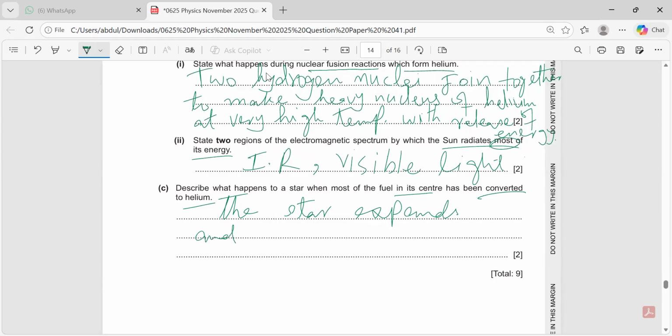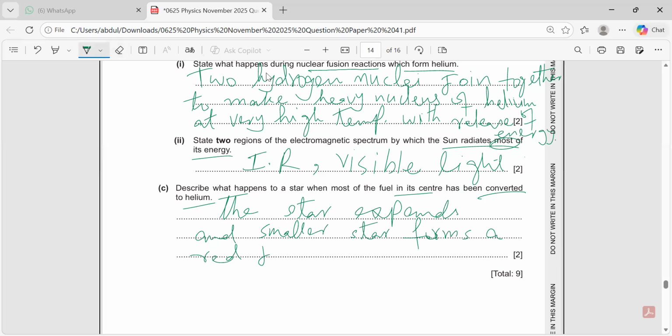And a smaller star forms a red giant, or there is another option in place of this: we can write a massive star, big star, massive star, forms a red supergiant in that case.